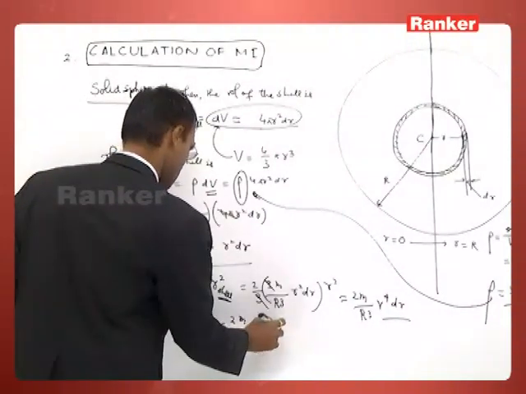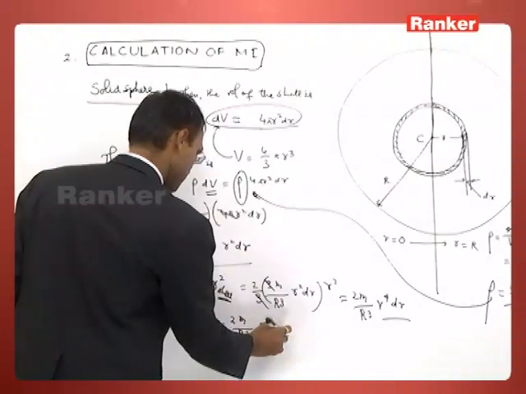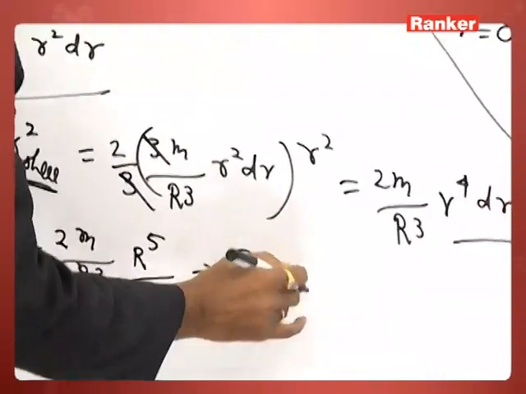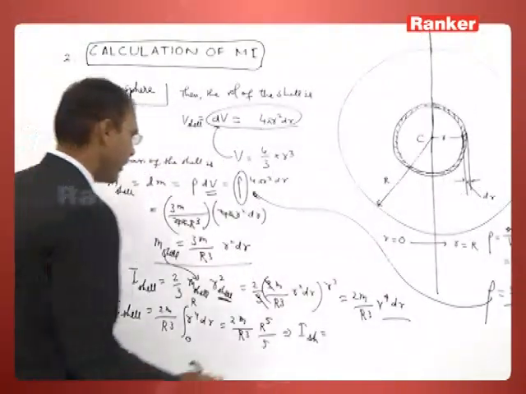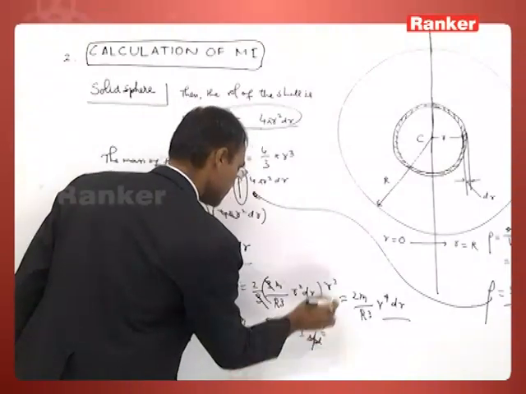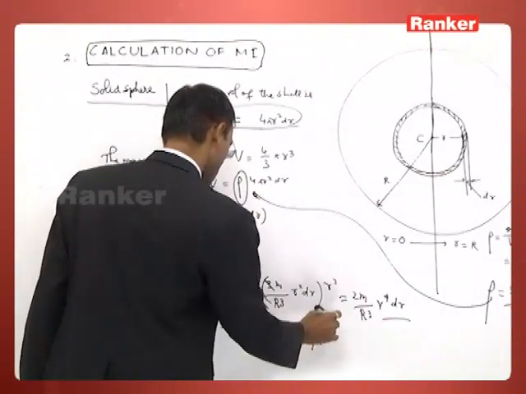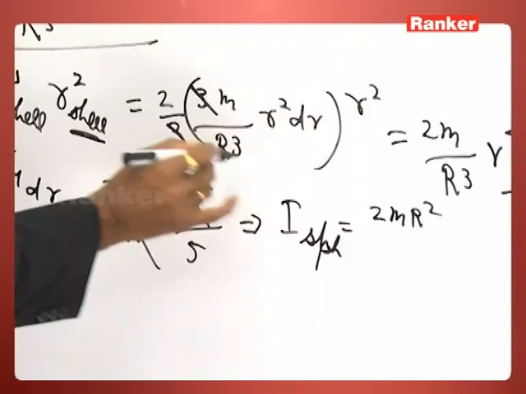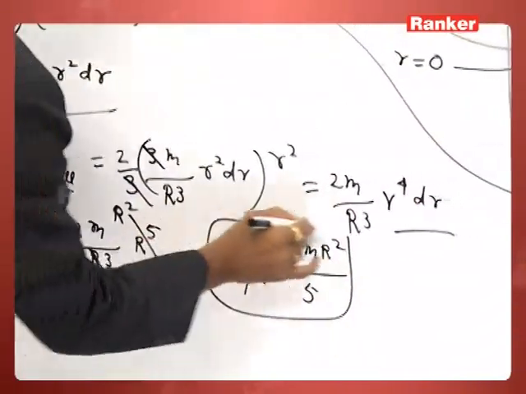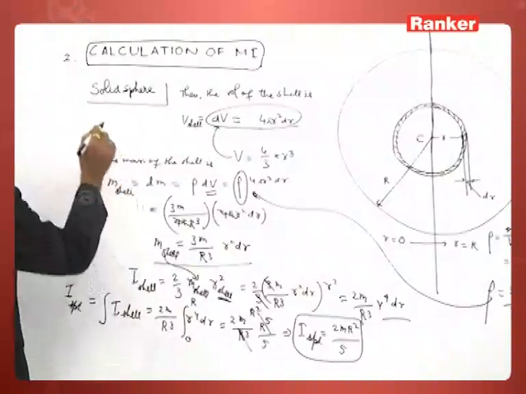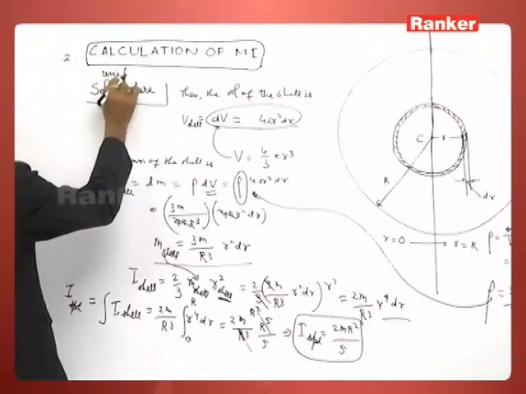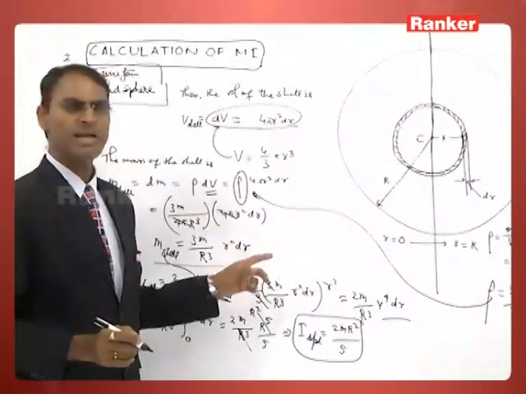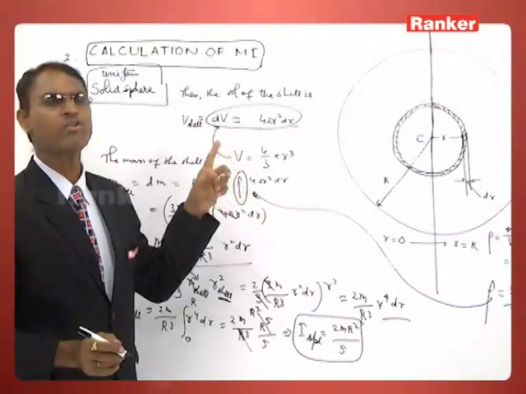After putting the limits, ultimately we are getting the moment of inertia of the solid sphere is equal to 2m r square by 5. This expression is valid for uniform solids. All the expressions we are deriving are based upon the assumption that the solids are uniform.